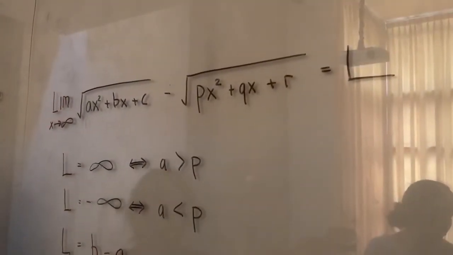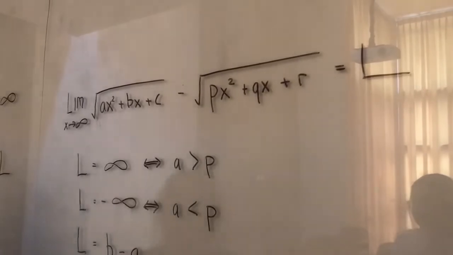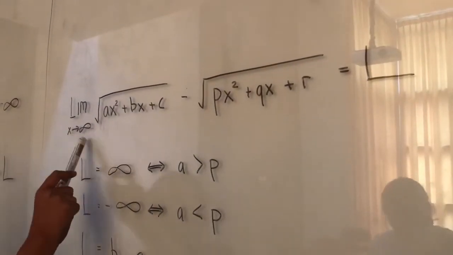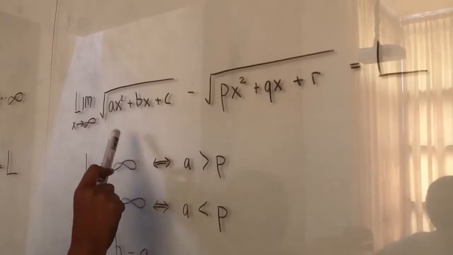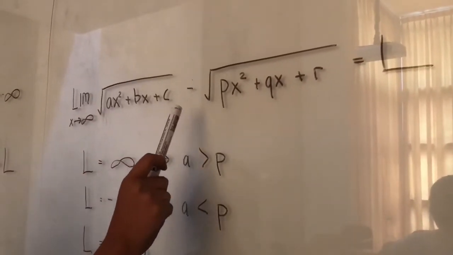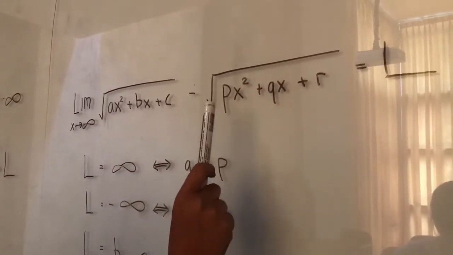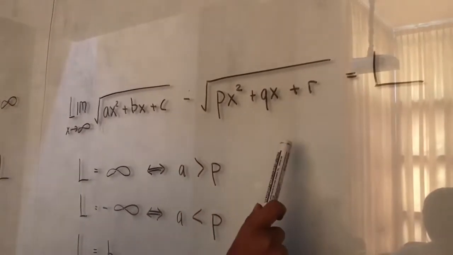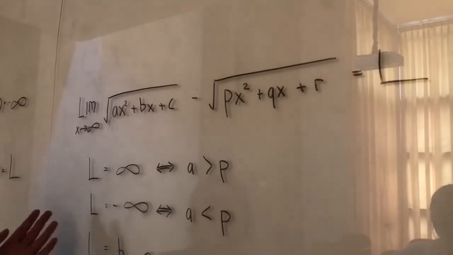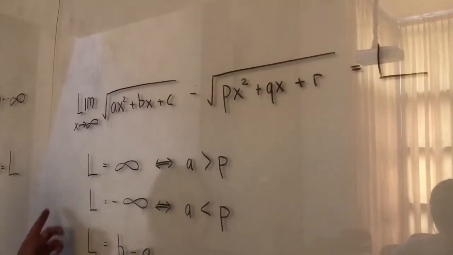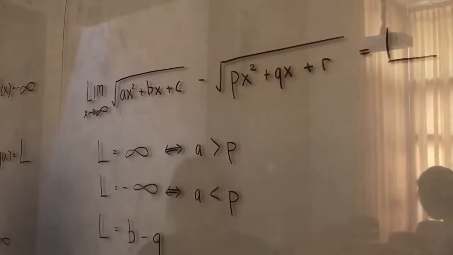So here we have a form of limit at infinity. Limit as x approaches infinity of square root of ax squared plus bx plus c minus square root of px squared plus qx plus r equals L. If we have this form, we can use the fast way of doing it.